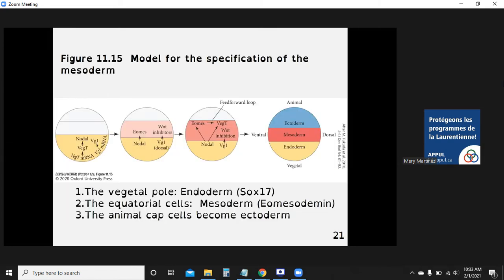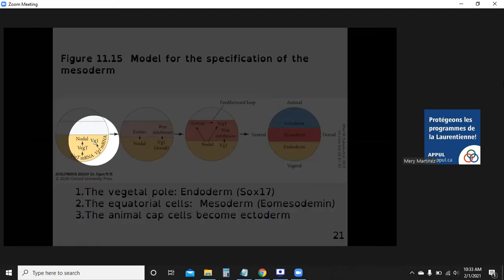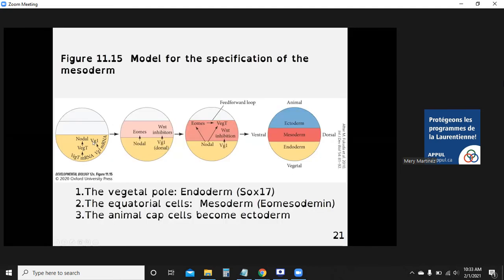In addition, we have another factor that is the VEG1, which we can see here. Okay, so this VEG1 mRNA has been stored in the vegetal cytoplasm and is also translated.